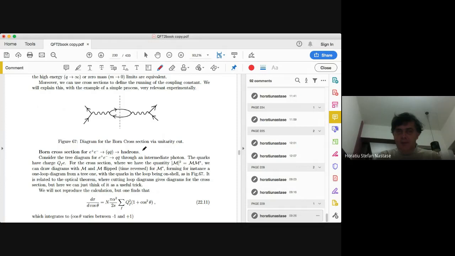But to reach that, we will try to describe better how these cross sections work. So what cross sections are we interested in?